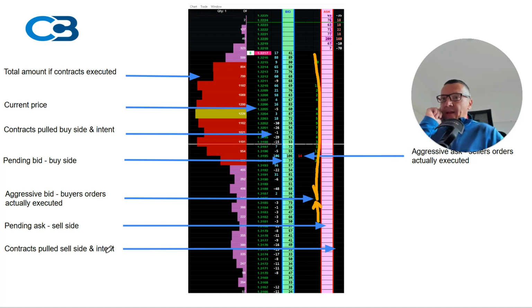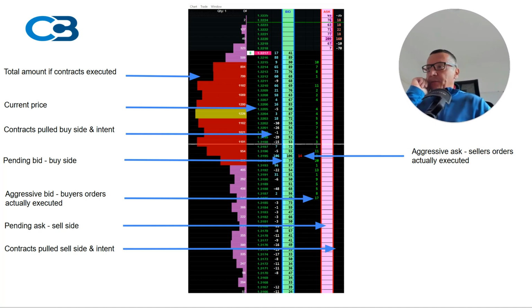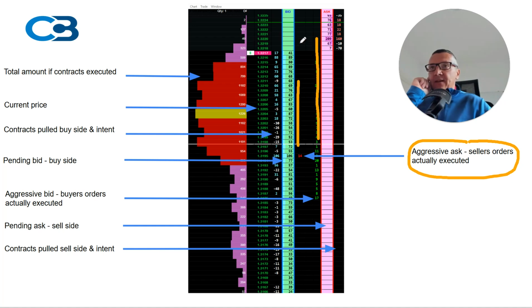So in this column here, these are orders that have actually been executed on the buy side. Okay, and then contracts pulled on the sell side shows in this column here, as you can see up here. So this is the buy side and this is the sell side. And then we've got aggressive ask sell orders executed in this column here. So this is aggressive buyers and this is aggressive sellers.